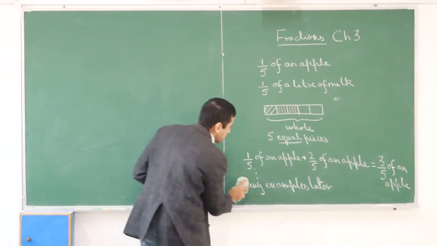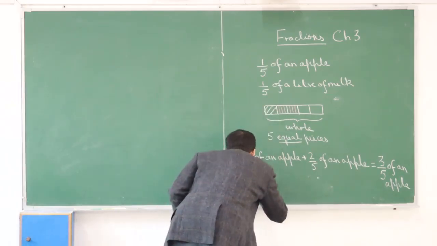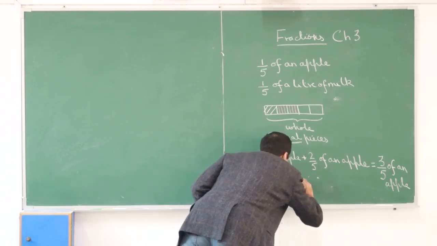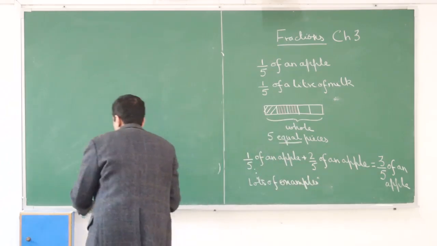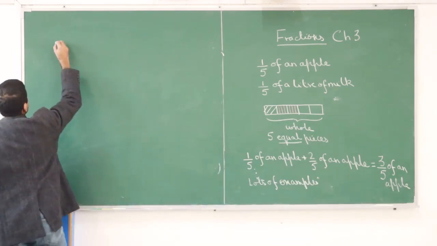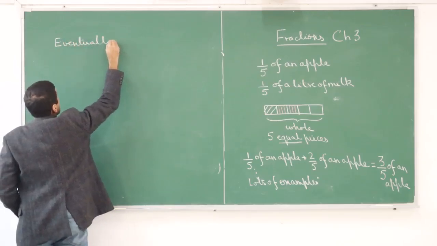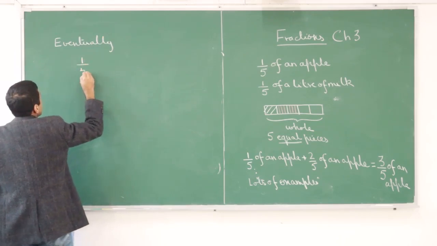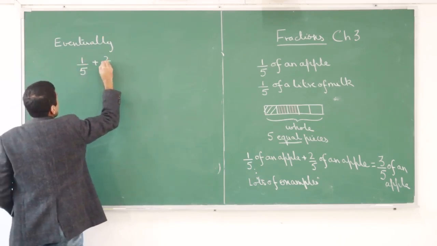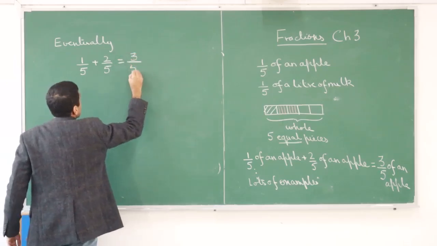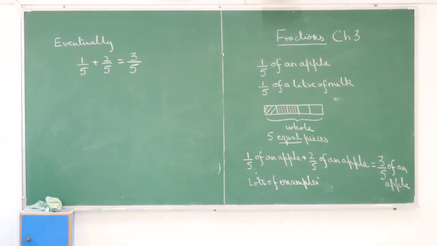So you sort of spend your lifetime working with 1/5 of something, 2/5 of something. And then many examples later, eventually you come to the conclusion. So this is what you abstract away from it. Eventually you say, aha, there's something common here. 1/5 plus 2/5 is equal to 3/5. Right? This is that eureka moment that you get.